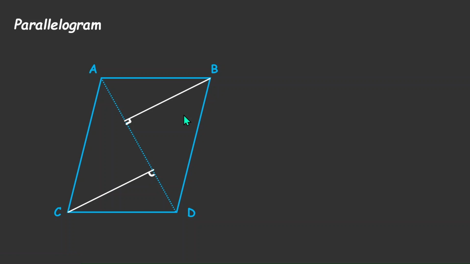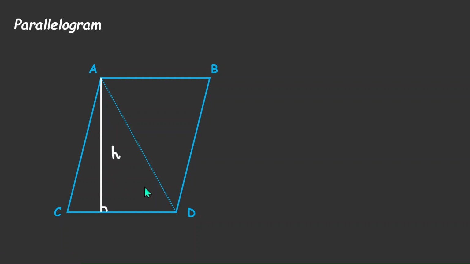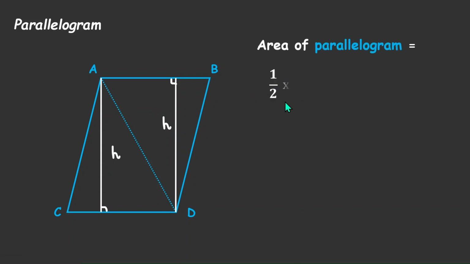So a much easier way is if we take the perpendicular drops like this, because this is h, and because this is a parallelogram, this is also h. So now we can write the area of each triangle as half into h into CD, where this is the height and this is the base, plus for this triangle, half into h into AB.